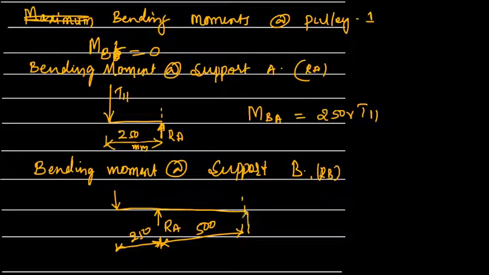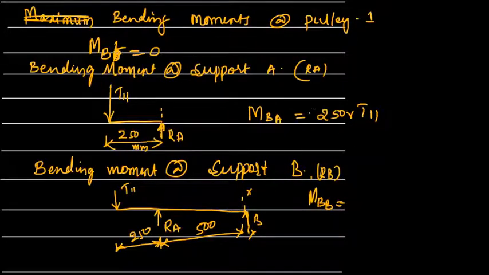Now this is support B. You need to consider bending moment at this location. So now bending moment at B, MBB. The bending moment because of this T11 causes hogging, so let us go for a minus.